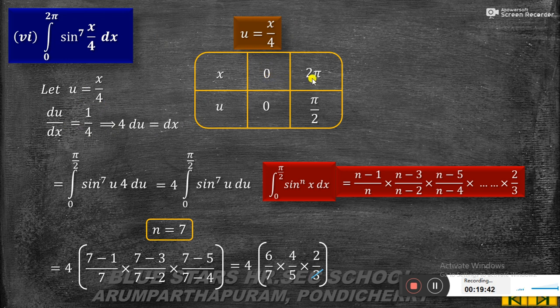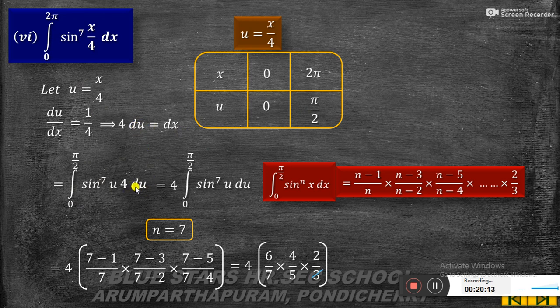The limit is 0 to 2 pi, so x equal to 0 gives u equal to 0, and x equal to 2 pi gives 2 pi by 4, which is pi by 2. Therefore the integral 0 to 2 pi sine power 7 of x by 4 dx becomes 0 to pi by 2 sine power 7 of u, and for dx you substitute 4 du.